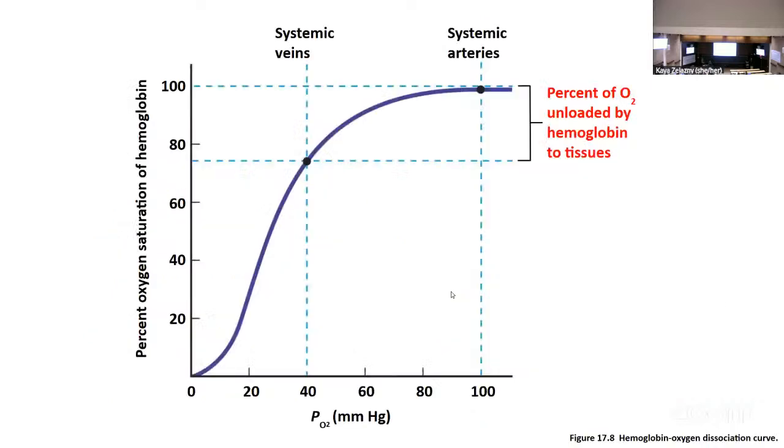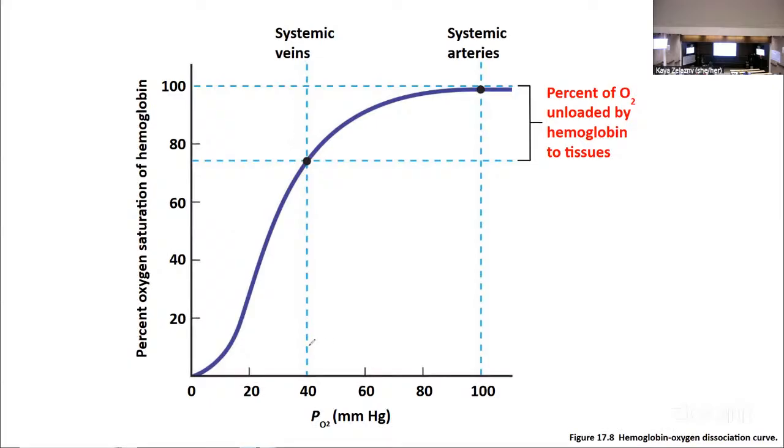We can think about this a little more precisely by looking at this hemoglobin oxygen dissociation curve. We're going to look at this right now, but we're going to spend more time thinking about this later in the week as well. For now, we're going to focus on how we read one.